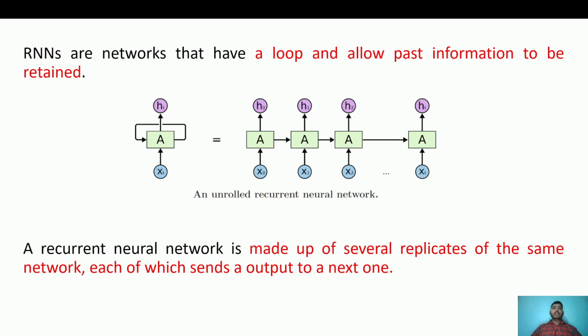And that is the functionality to persist the past information of the data. A recurrent neural network is made up of several replicas of the same network, each of which sends an output to the next one. As I have told before, it takes the output of the previous network as an input, right?